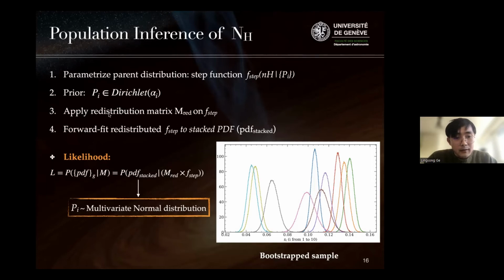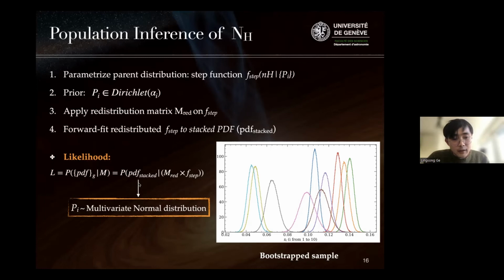And then we apply this redistribution matrix on the histogram model, the parent distribution model. And then we forward fit this redistributed parent model to the stack PDF. And then finally, we just need to implement the likelihood for this procedure.